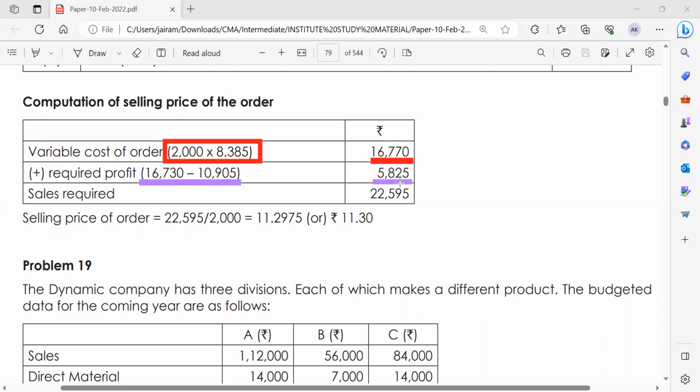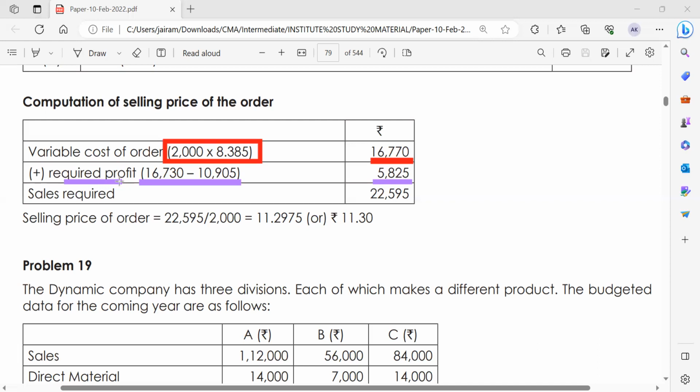Because you're already at a profit, your fixed cost is already recouped. So this required profit is the same as your contribution.